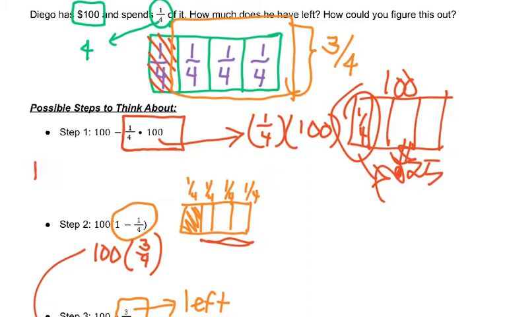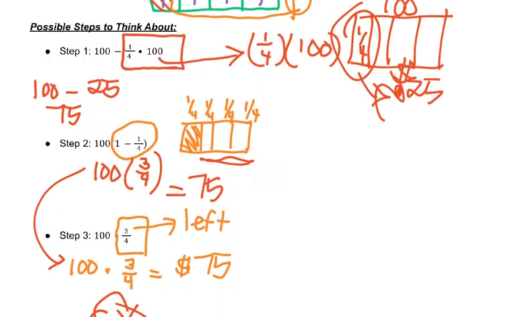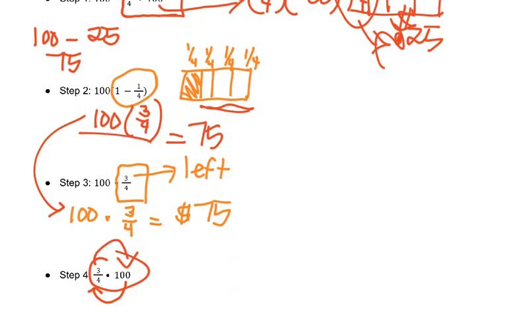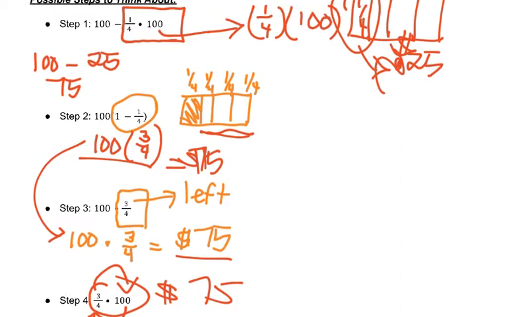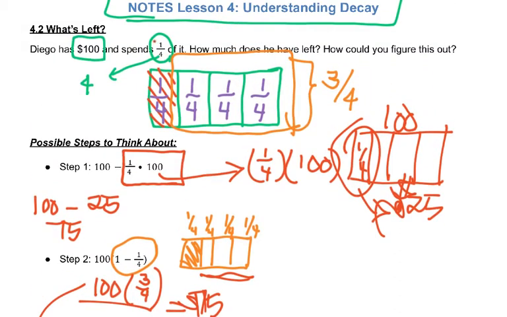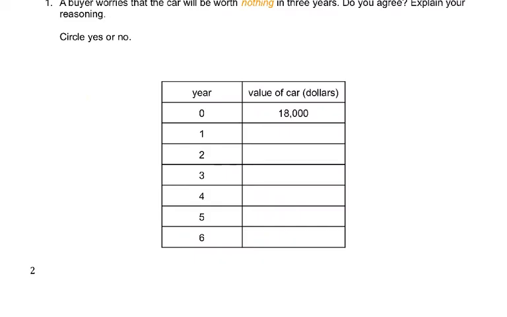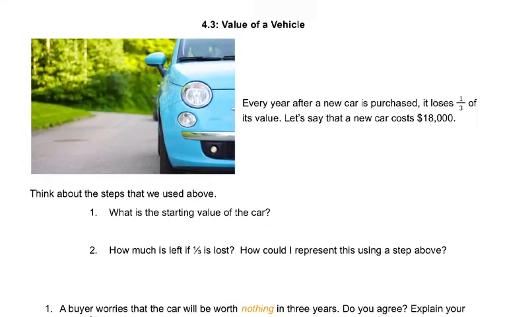So this is 100 minus $25, which is equal to 75. This is equal to 75 if I were to use a calculator. 100 times 3/4, 75. 3/4 times 100, 75. So we are looking at what is left. What is left? 3/4.